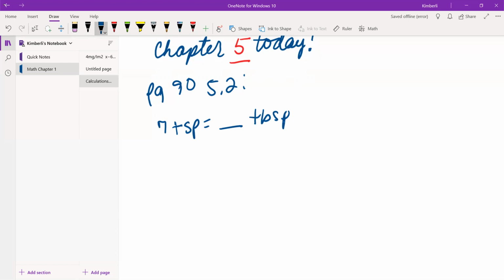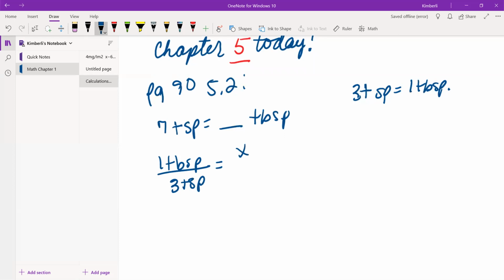So we have a conversion factor, and the conversion factor from table 4.3 says that 3 teaspoons is equal to 1 tablespoon. Okay, so using ratio and proportion, we can set it up like 1 tablespoon over 3 teaspoons equals X over 7 teaspoons.